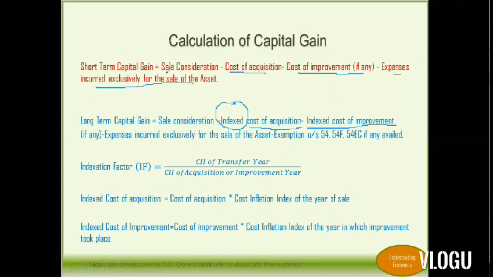In the short-term capital gain, we have directly considered the cost of acquisition. But in the long-term capital gain, we find the indexed cost of acquisition. Why? This is because for long-term, the value of money deteriorates over time.